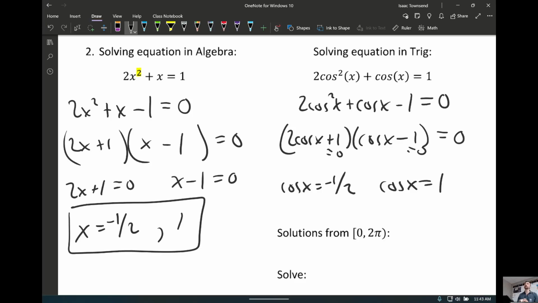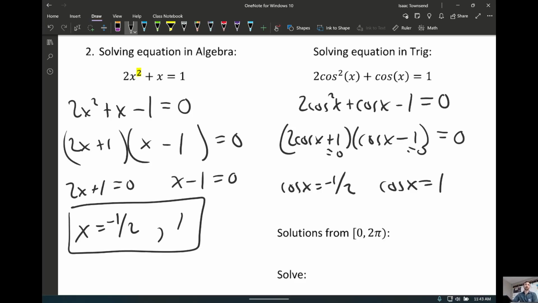And other than looking more difficult on the right, I've not done anything different on the right than I've done on the left. I still set it up the same way because it's like a quadratic. I still factored it the same way. I still set each factor equal to 0. I set each factor equal to 0 and solved.